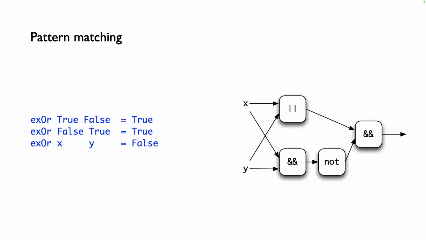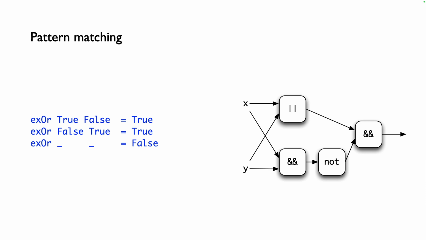Now we can also replace x and y here by what's called a wildcard, or underscore. The reason we do that is because we don't actually need to know what x and y are. They could be anything. Because we don't use their value in defining the right-hand side, we can just say wildcard: exclusive OR of anything and anything, except as covered by the first 2 cases, gives the answer false. So when we do pattern matching, we can have this kind of catch-all case at the end. We're saying whatever else holds, the answer is false.